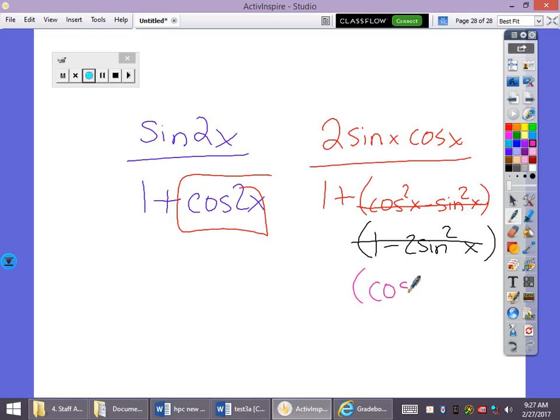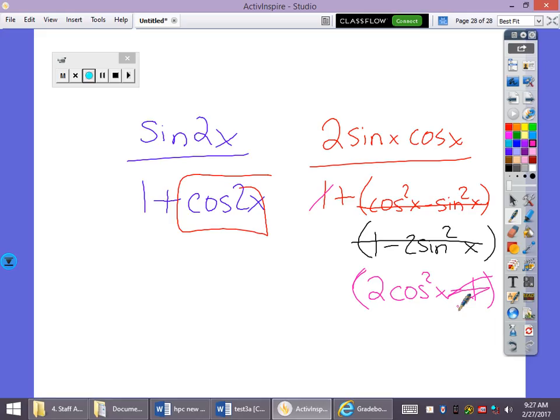Cosine. What's the other rule? Look at your double angle rule. What's the final double angle for cosine? 2 cosine squared x minus 1, yes? What will this minus 1 do to this plus 1? Cancel it, and it leaves me with a single term. So this is the winner.